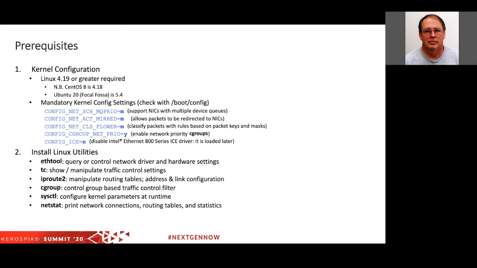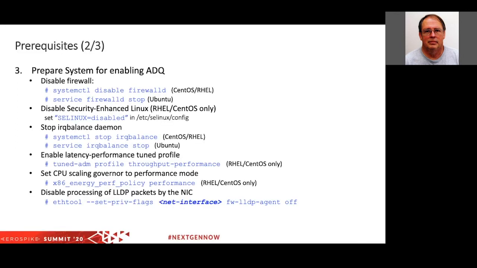Some of the newer distros, like Ubuntu 20, actually pass that bar. You want to look at your kernel config settings, because there are some settings there, and they do need to be set in a particular way. So even if you're at the minimum level, you may still need to rebuild your kernel.